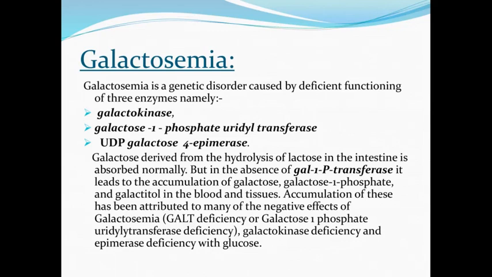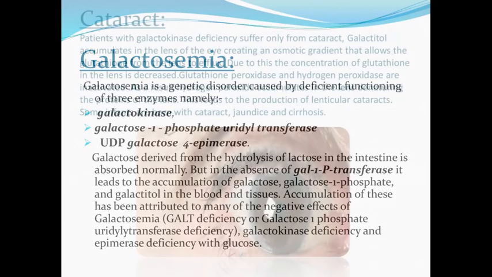Galactose-1-phosphate and galactitol in the blood and tissue also accumulate. Accumulation of these has been attributed to many of the negative effects of galactosemia, which include GALT deficiency or galactose-1-phosphate uridyl transferase deficiency, galactokinase deficiency, and epimerase deficiency.